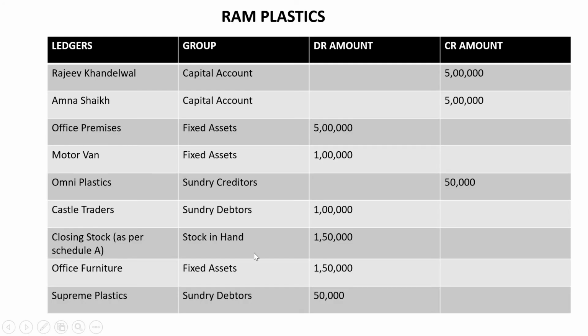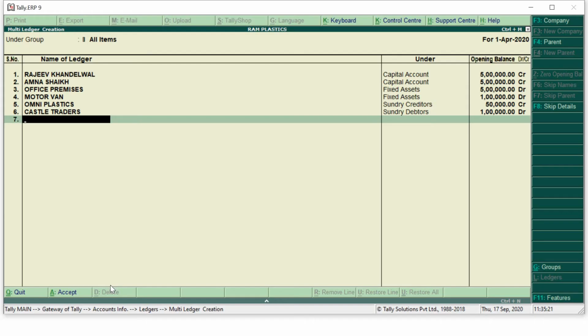Next is Closing Stock under Stock in Hand. As of now, I will not enter my closing stock because here they have given it as per Schedule A, so there must be some opening balances for my closing stock also. So as of now, I will not enter my closing stock details. Next, I will enter Office Furniture under Fixed Asset.